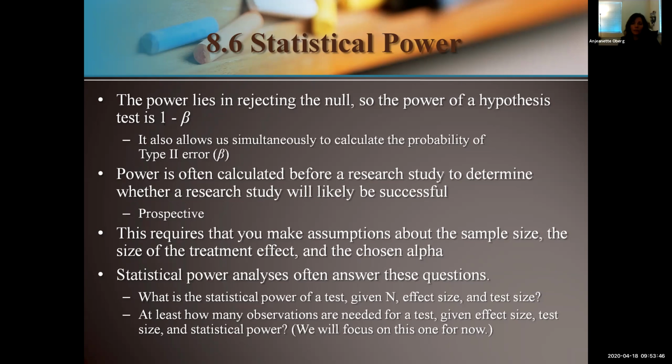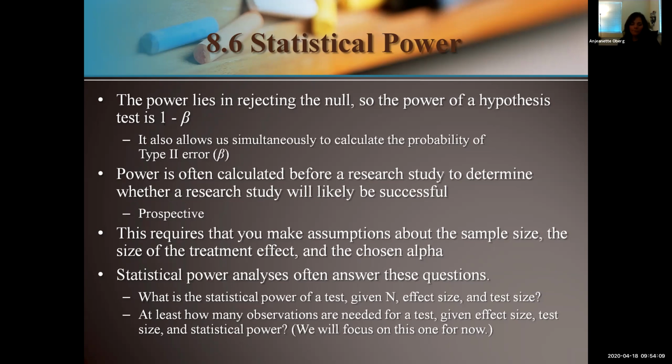And so we use this as a mechanism before we do a study to look at how much power we have to find the differences, if in fact they really do exist, to find that treatment effect. And then what we often do then is it's all based on assumptions, okay? So it's all hypotheticals.